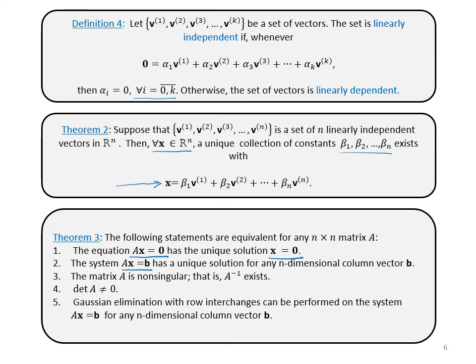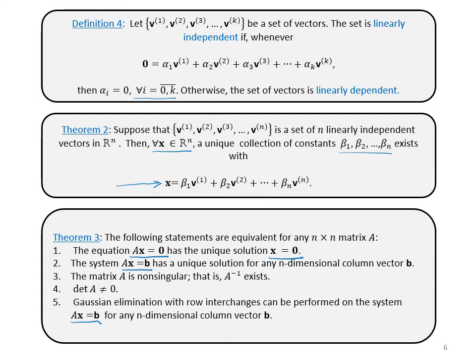The matrix A is non-singular, that is, the inverse matrix exists. Fourth statement. The determinant of matrix A doesn't equal 0. And fifth statement. Gaussian elimination with row interchanges can be performed on the system Ax equals b for any n-dimensional column vector b.